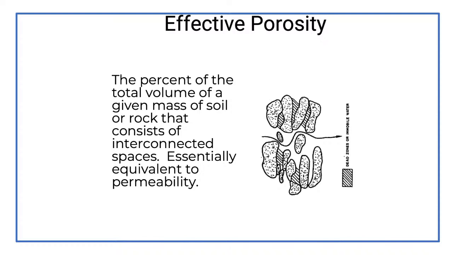Now, an important concept here is effective porosity, because not all that water that is in between the sand grains in your aquifer is going to be available to be pumped out of the ground. There's going to be a certain amount of water that's going to occupy dead spaces. It's not going to flow.